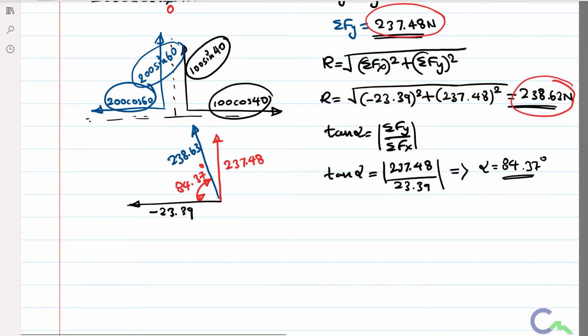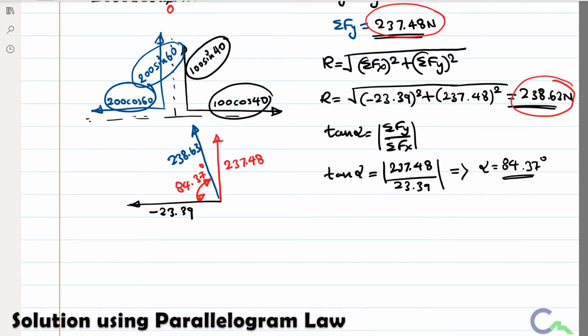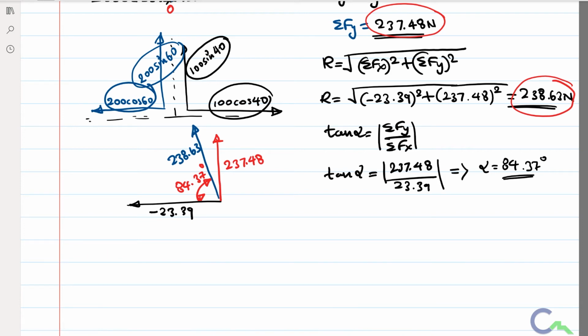So now I'm going to solve this using parallelogram law of forces. To get these formulas, you can check one more video, the concept and proof of the parallelogram law. From the parallelogram law of forces, the resultant value we can obtain by using the formula root of P square plus Q square plus 2PQ cos theta.